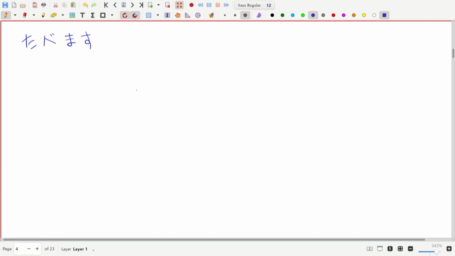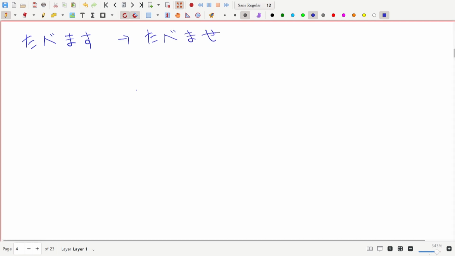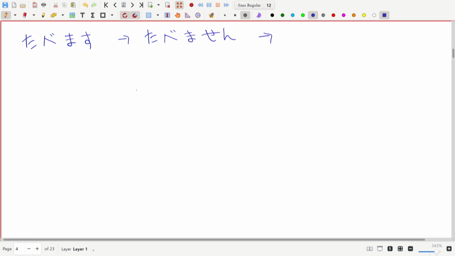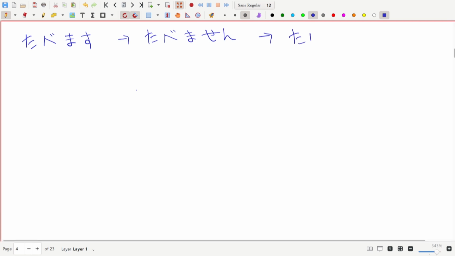I didn't eat fish or Japanese food or sushi. So tabemasu negative is tabemasen. Negative, and then the past form would be tabemashita.